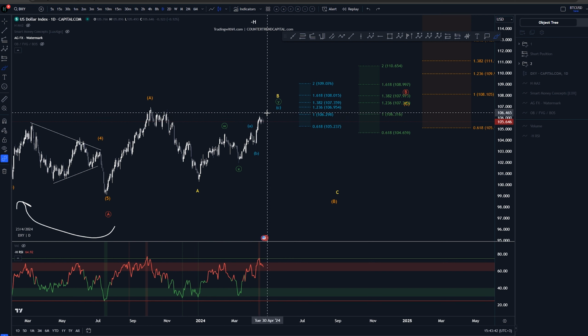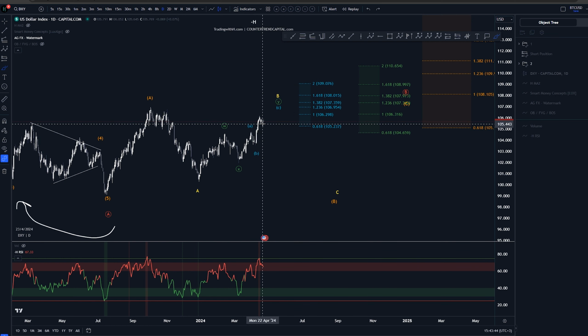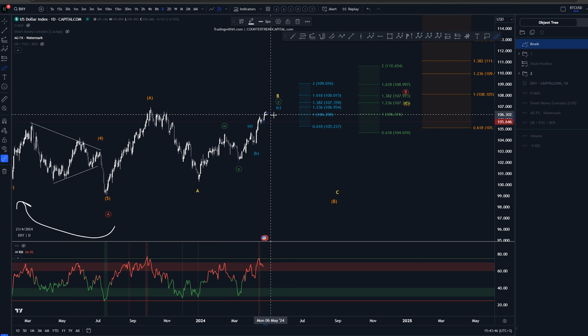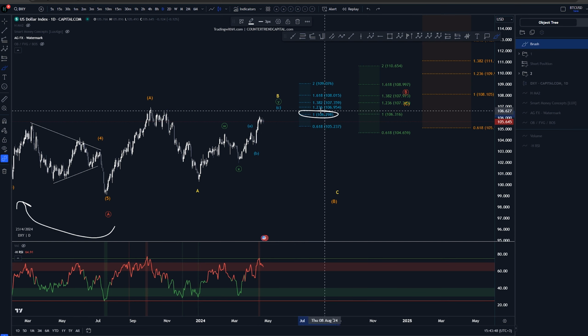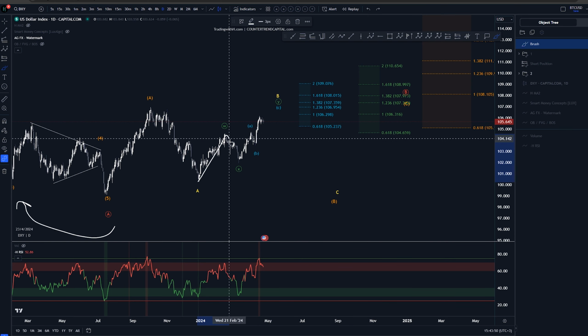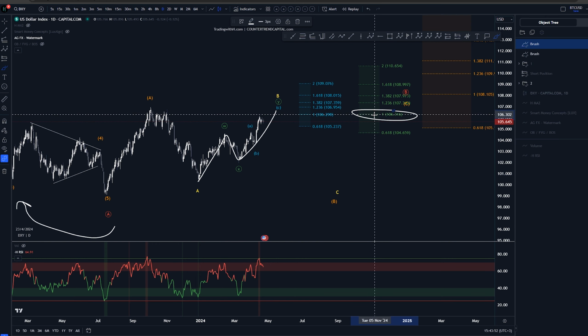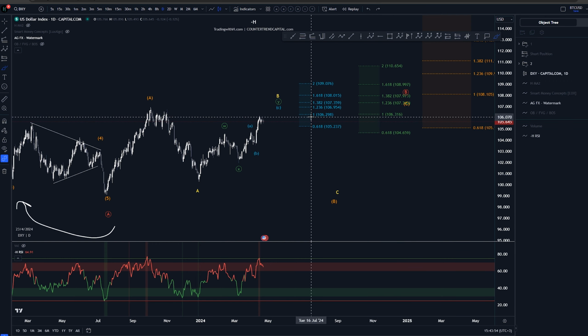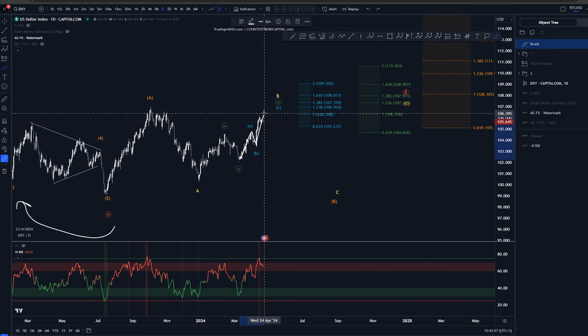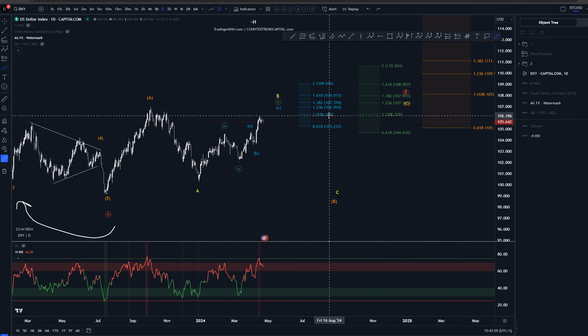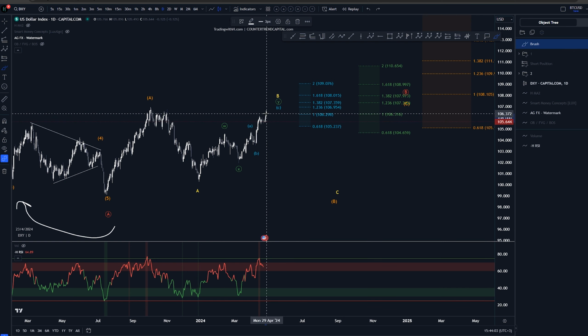Here, I'm expecting one more pump to the highs to get to this 1-to-1 extension on the W, X, Y extension on this green, 106.31, or the ABC extension 1-to-1, 106.30. So both are very connected here as a target. That's why I'm expecting one more high.